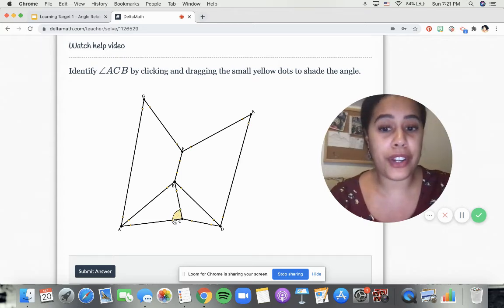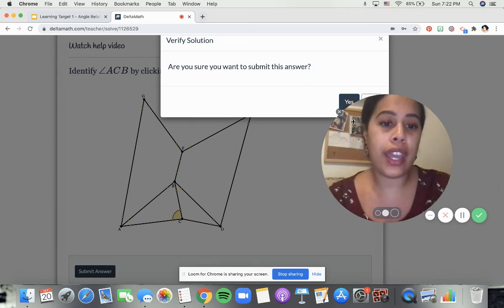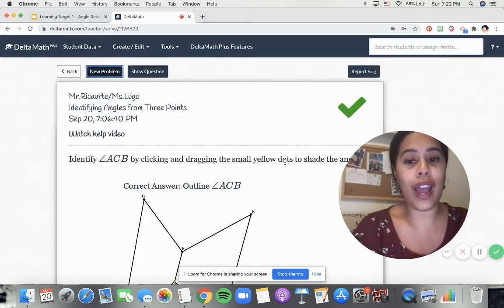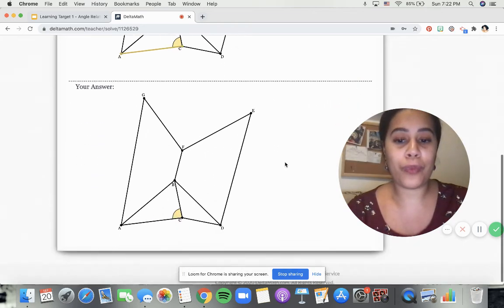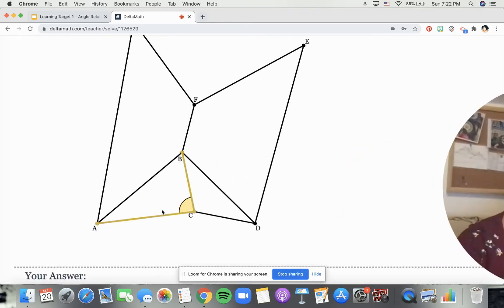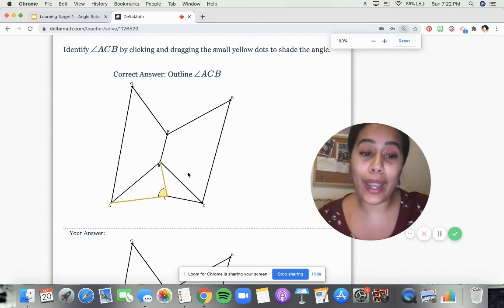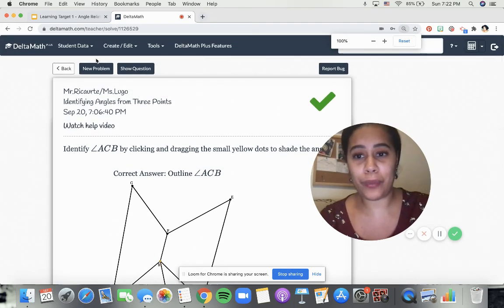It doesn't really matter. This is the shaded region of angle ACB. You click submit your answer, and we are correct. Our answer matches the answer given, and they do a nice thing where they highlight the whole angle, which I really like.